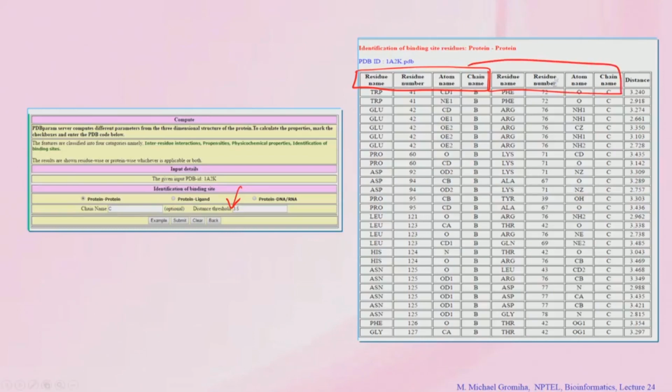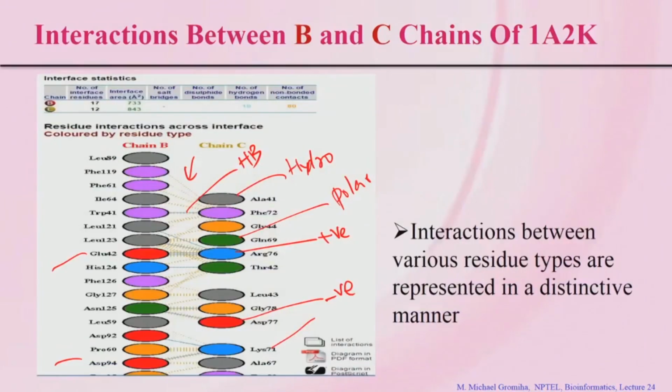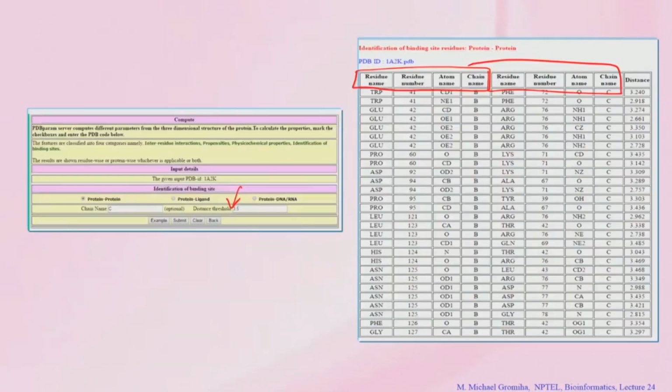So, phenylalanine 72, chain C, having a distance of 3.2 angstrom, the same for 1A2K. The tryptophan and phenylalanine are within a distance of 3.2 angstrom, so they are having interactions. The same information you can also get from PDBsum, where they are making hydrophobic contacts, fine.